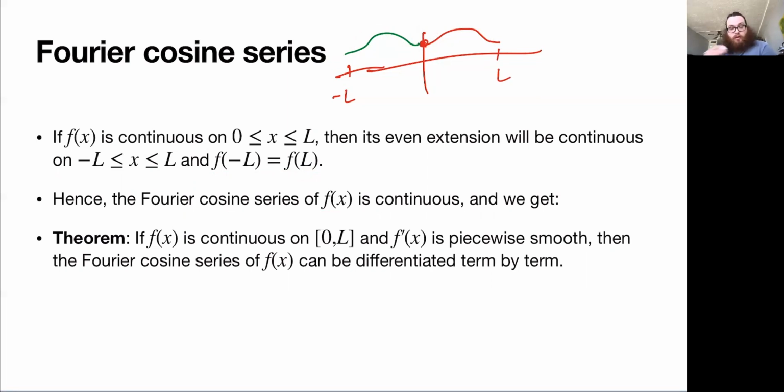And so if we go back to the statement of the theorem, we have a continuous function, and its Fourier cosine series is continuous. So we can differentiate the cosine series term by term to get the Fourier sine series for the derivative.